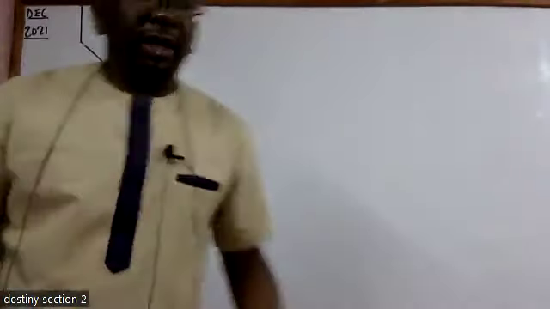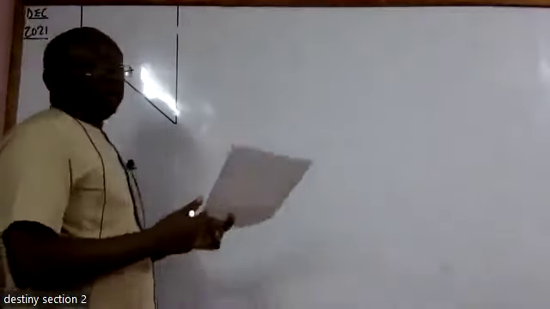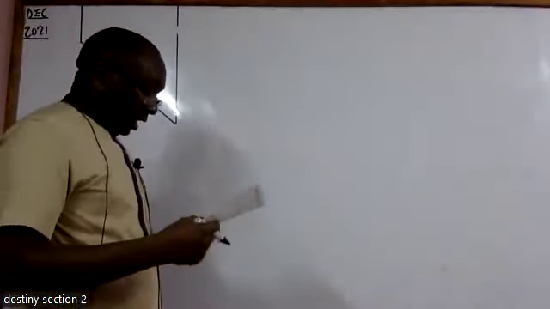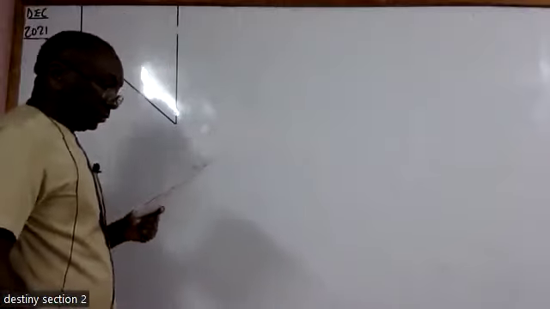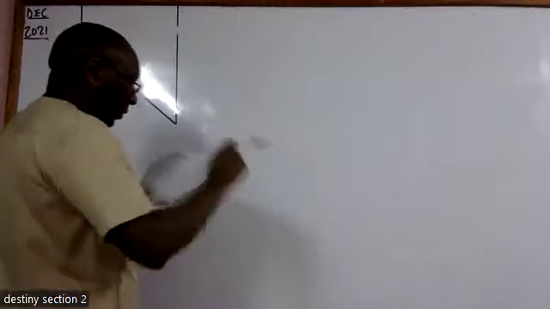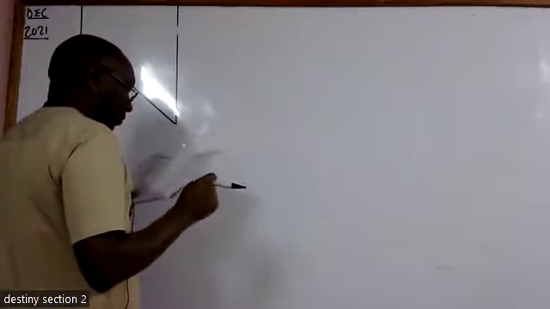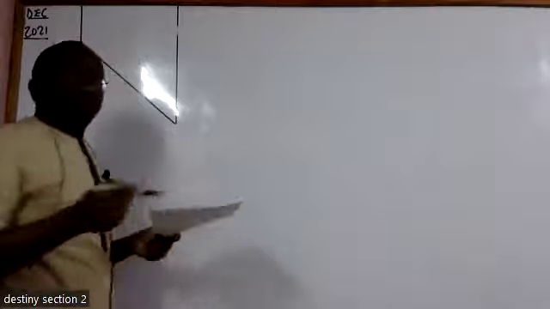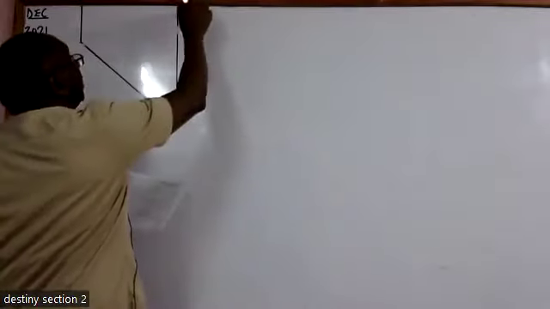So the first thing that you need to do is to come here and say that there's a formula I gave you. I think that is the formula I'm going to use direct.